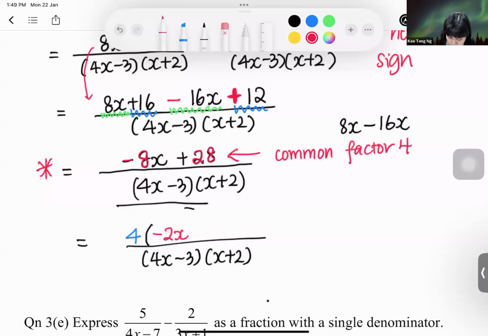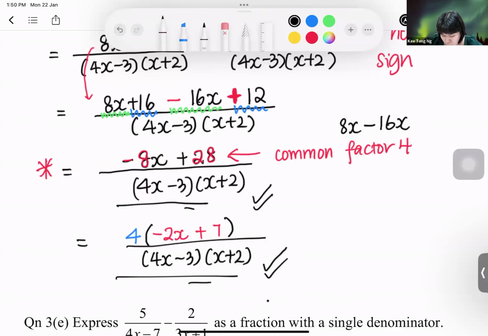Plus 28 divided by 4, I'll get positive 7. Then this will be my final factorized answer. Because there's no other common factor, we're not going to do any cancellation. Don't anyhow cancel the terms. So both of them are going to be the final answer.